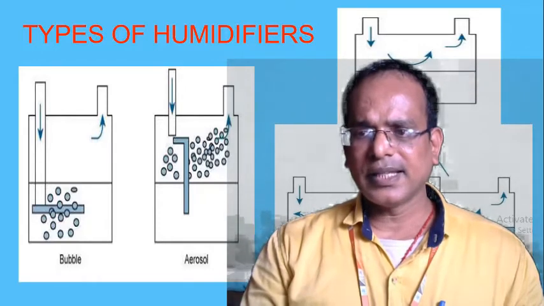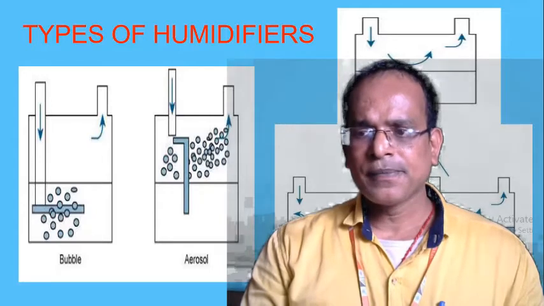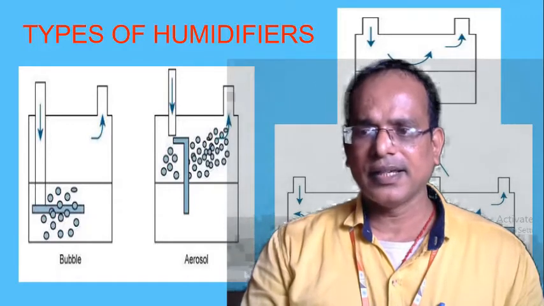When the air is passed over the liquid, it goes through the membrane and takes the moisture from the liquid. The bubbles are trapped by this membrane, so the air containing moisture comes up without bubbling.